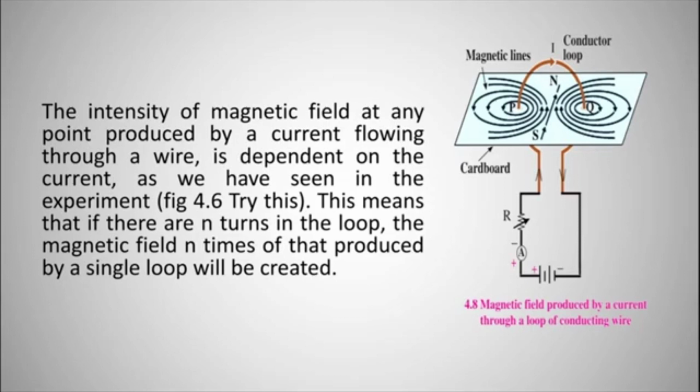We had seen that when the current flows through the wire, a deflection is observed by the change in direction of the needle, which showed us that the magnetic field at any point depends on the current. This means that if there are n turns in the loop, a magnetic field n times that produced by a single loop will be created.